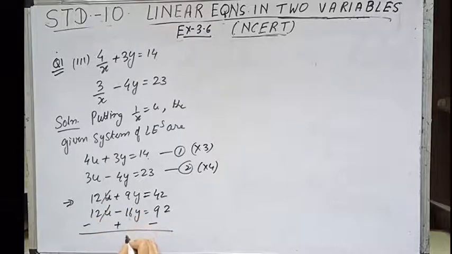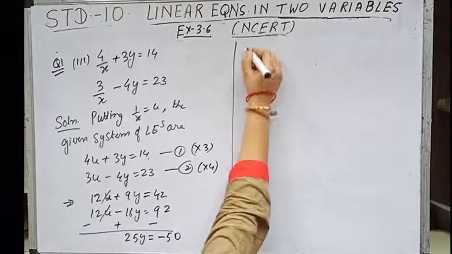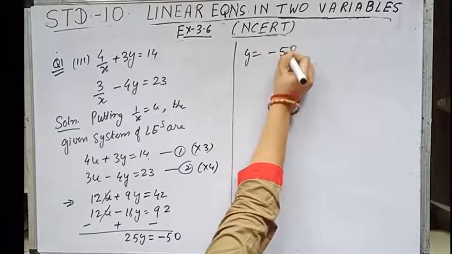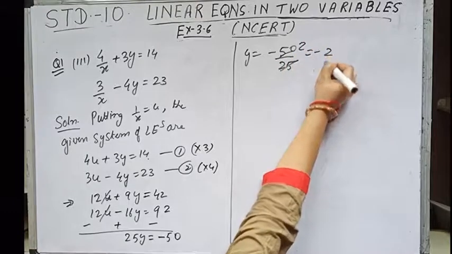Now over here 16 and 9 is 25y equals 50. So we get y equals minus 50 by 25 equals minus 2.